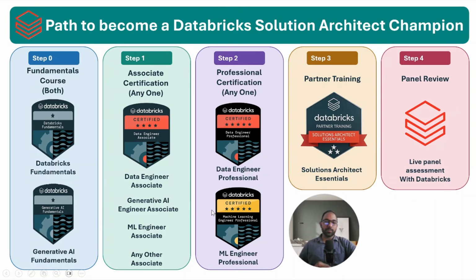If you have active certifications and have completed this training, then the Databricks partner people will connect with Databricks and say we have an upcoming champion and want to plan a panel review with you. Databricks will give some slot, then we will give our presentation to them. After that presentation, they will confirm whether you are an eligible architect champion or not.